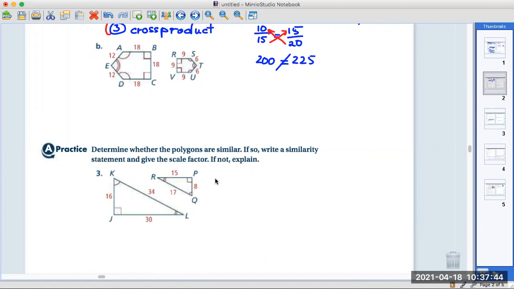So I'm going to start and I'm going to write down that KJ just to show you where I come up with this matches PQ. These 2 sides are the same. How do I know? Right angle, 1 bow, right angle, 1 bow. Those are the clues I'm looking for. And that has to equal JL, if they are similar, RP.